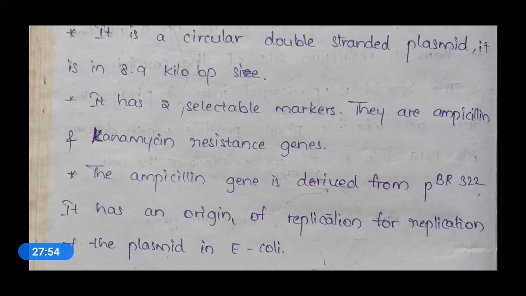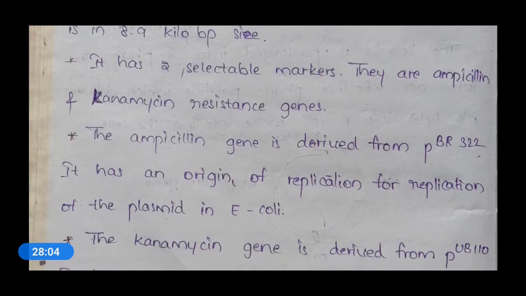The ampicillin gene is derived from pBR322, and it has the origin of replication for replication of the plasmid in E. coli.